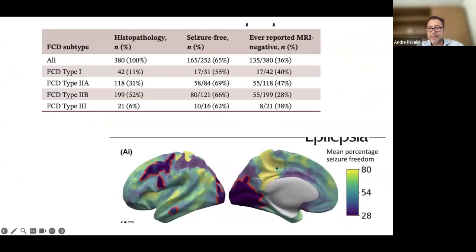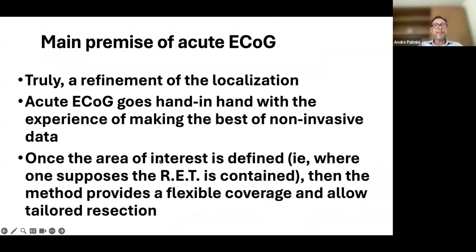It's interesting here, you see, the worst percentage of seizure freedom, which is this dark color, is exactly, for instance, in motor premotor areas, as you would expect, okay? So the main premise of acute ECOG in the delineation of the extent of the lesion to be resected is that the acute ECOG goes hand in hand with the experience of making the best of non-invasive data.